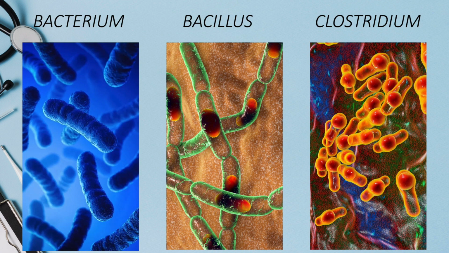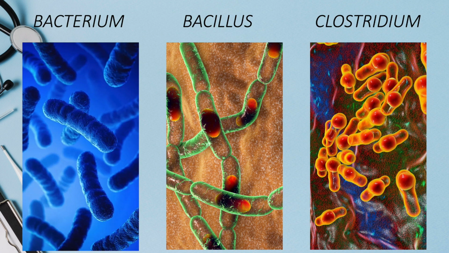If you hear in the name of the genus the root bacterium, for example, Mycobacterium tuberculosis, Corynebacterium diphtheriae, it is a kind of rod-shaped bacteria that is gram-positive, rod-shaped, and non-spore forming.